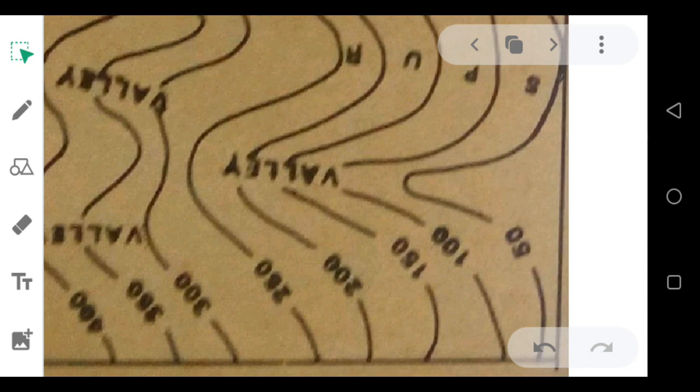As you can see in this map, it is 50: 50, 100, 150, 200, 250. So the contour interval is 50 meters. It can be 50 feet or otherwise.